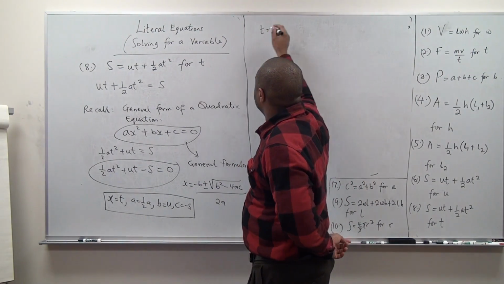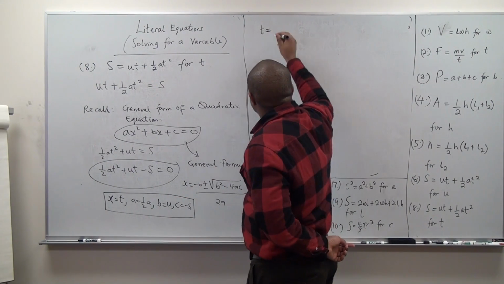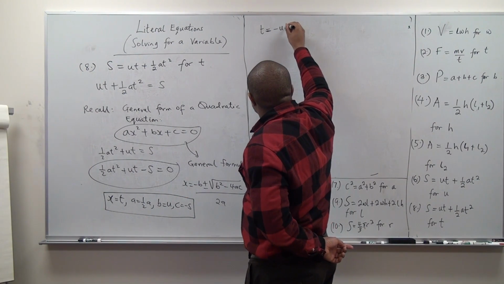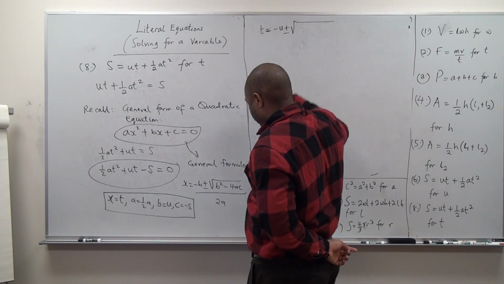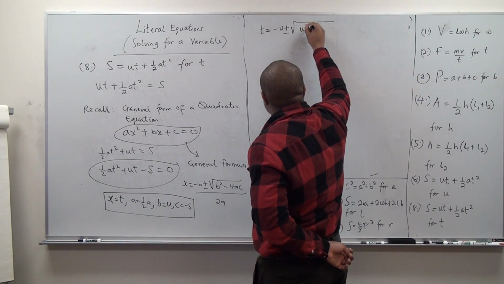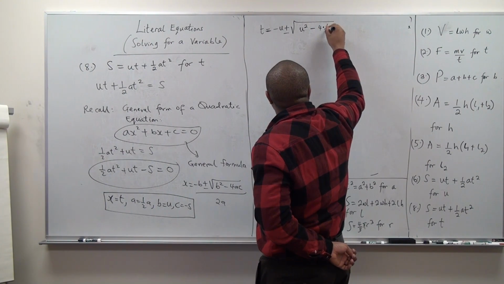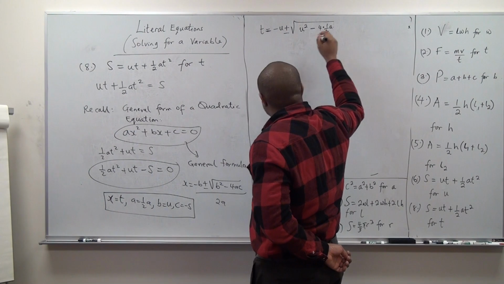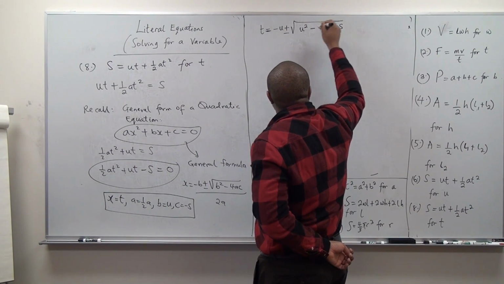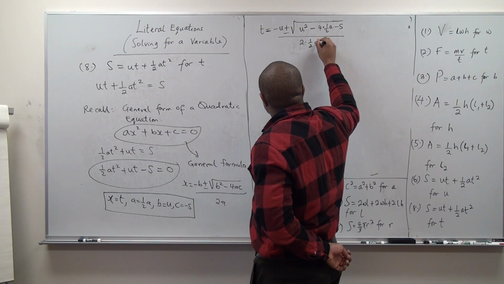Because we are asked to solve for t, our t will be equal to negative u plus or minus the square root of u squared minus 4 times half a times negative s, all over 2 times half a.